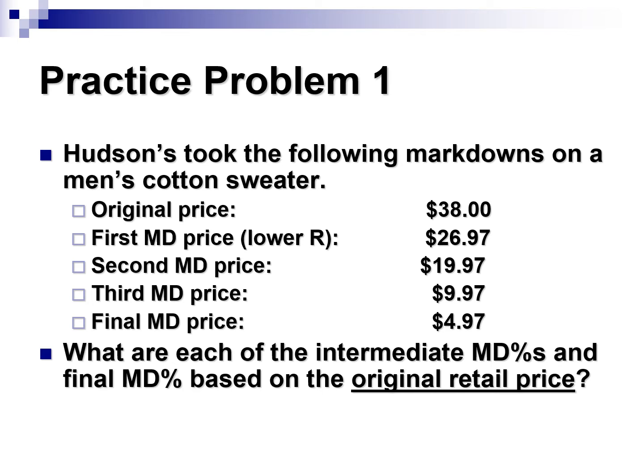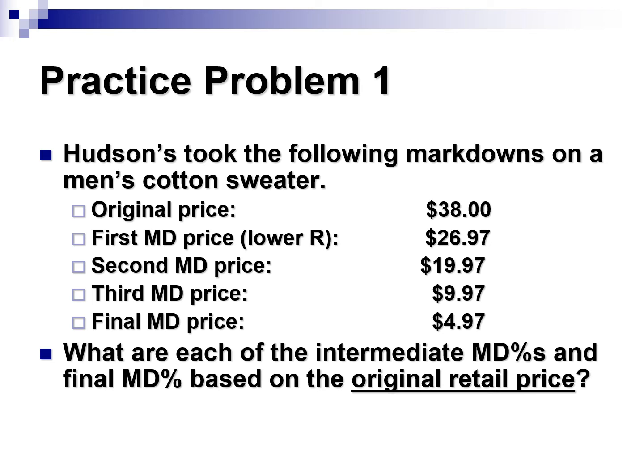So it's showing a series of price changes that have happened to this cotton sweater. From 38 originally, it became 26.97, and then 19.97, and 9.97, and 4.97 eventually. So then let's calculate each of the intermediate markdown percents: the first markdown percent, second markdown percent, third markdown percent, as well as the final markdown percent.